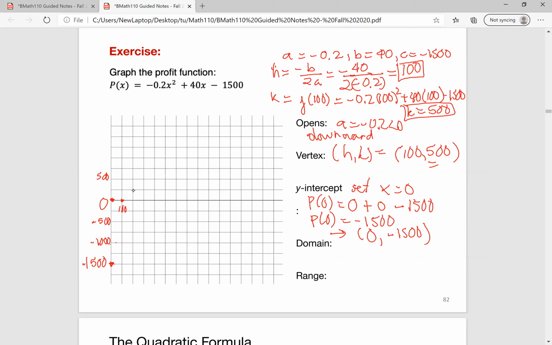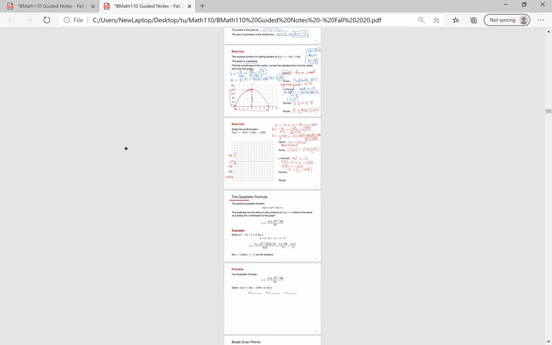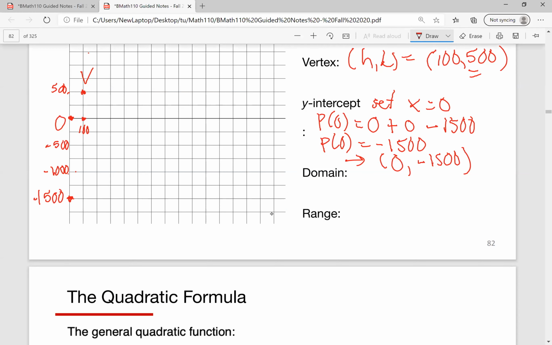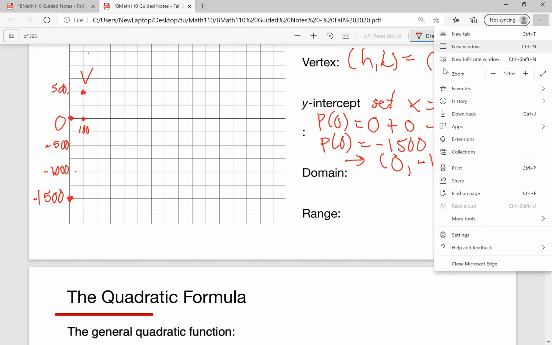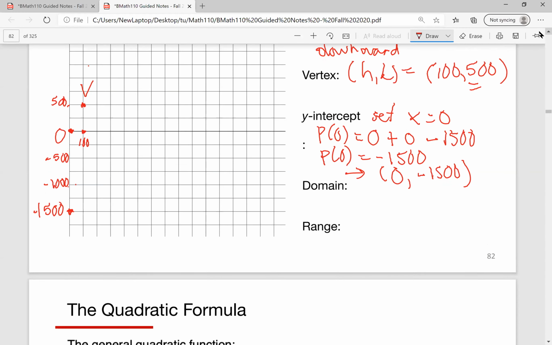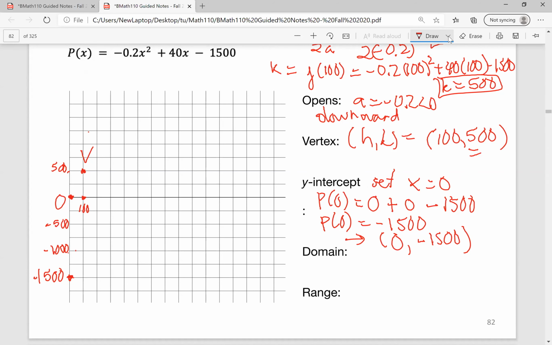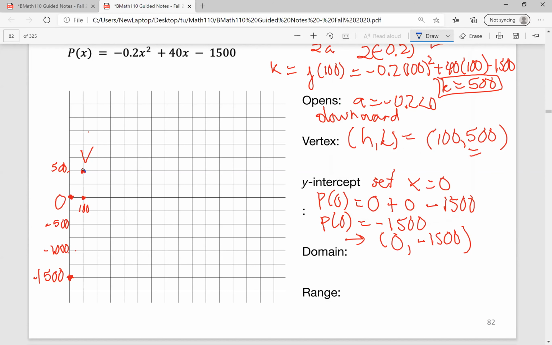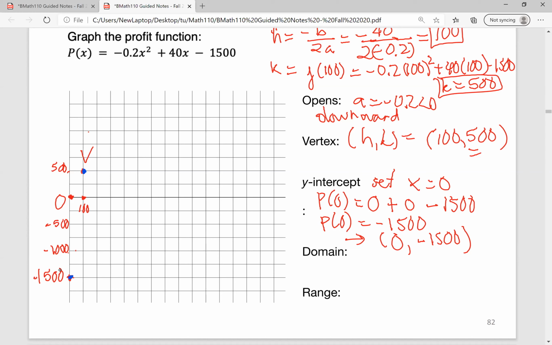And you will have the vertex here, V. So the graph has to go through this point, maybe using another color. In this point.